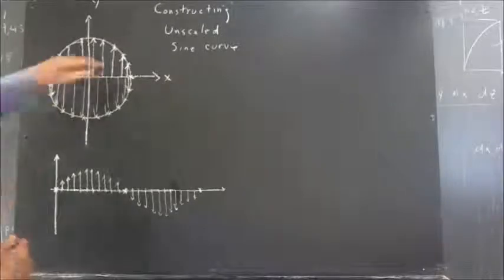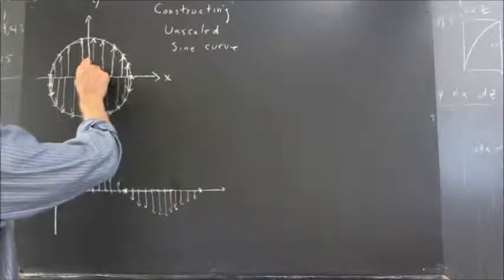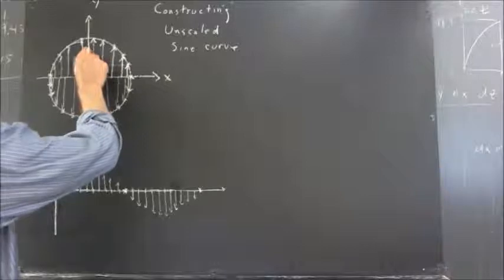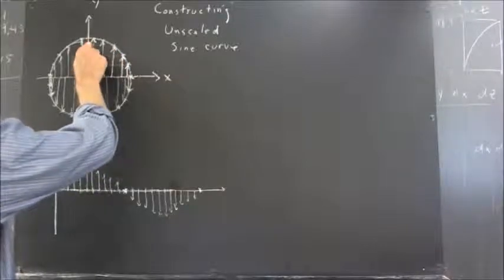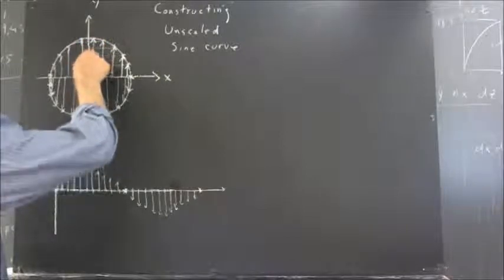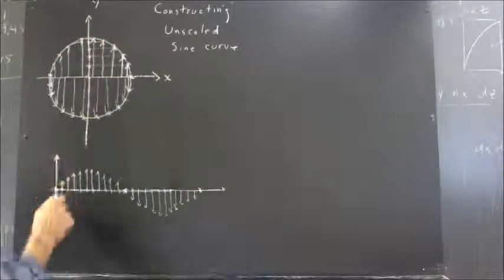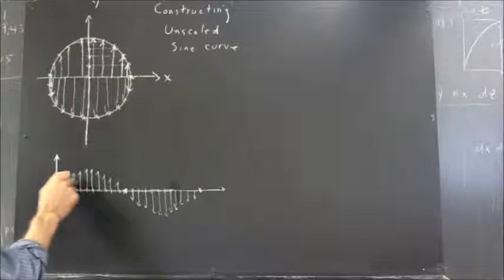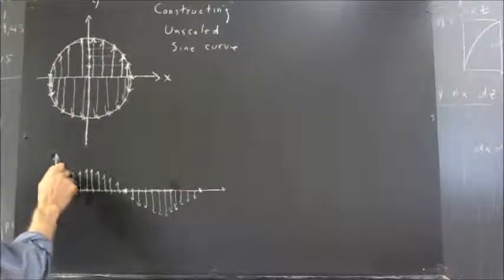Now, the length of each arrow is the y-coordinate of the point, and we could project each point over to the y-axis, and we could get a set of y-coordinates which would match the y-coordinates that we might get here.